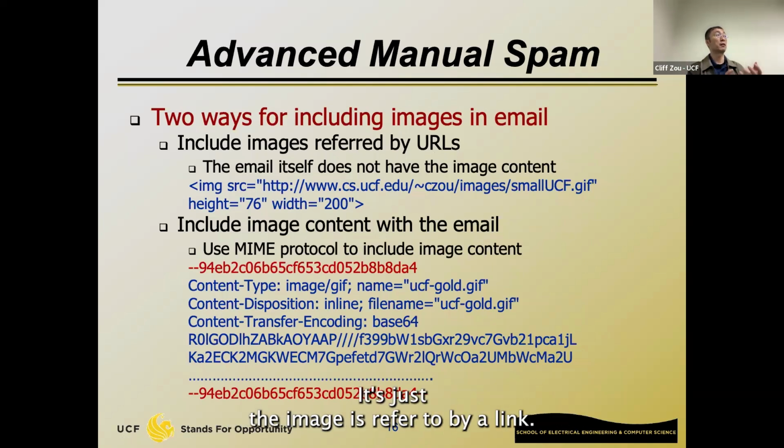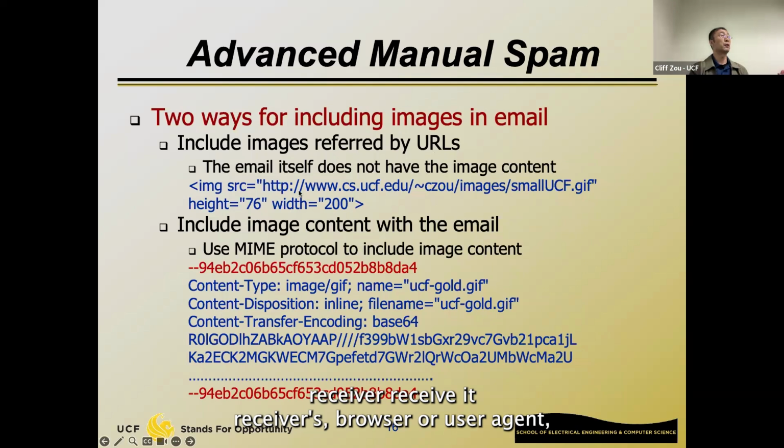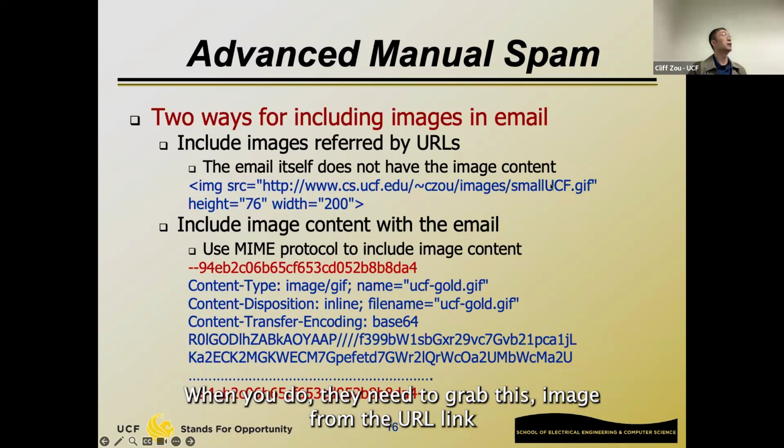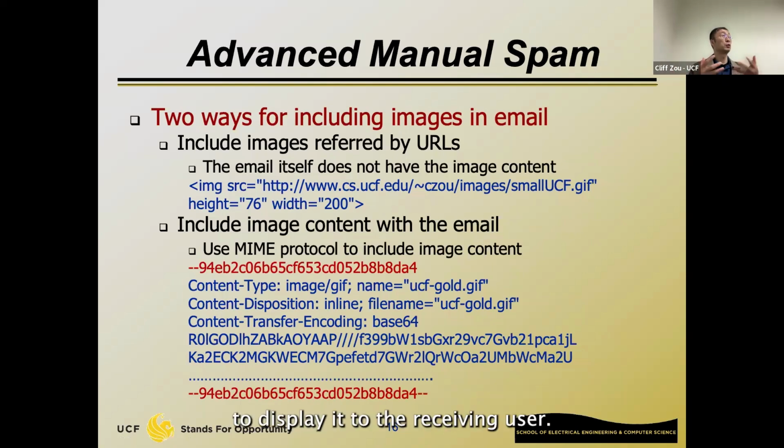It's just referred to by a link. And when the receiver receives it, the receiver's browser or user agent needs to extract the image from this URL link. They need to grab this image from the URL link to display it to the receiving user.